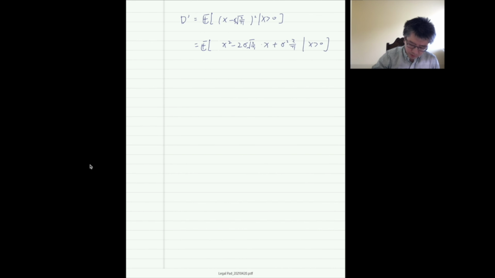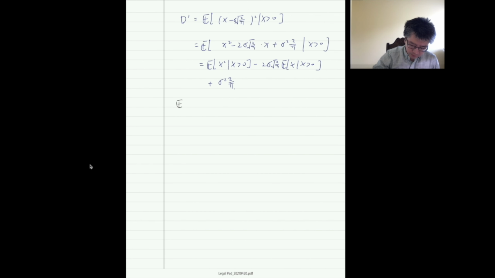Then we can separate those, so we have 3 parts here, minus, and then we add a constant in the end, which is 2 over pi. Let's compute the first two terms one by one.